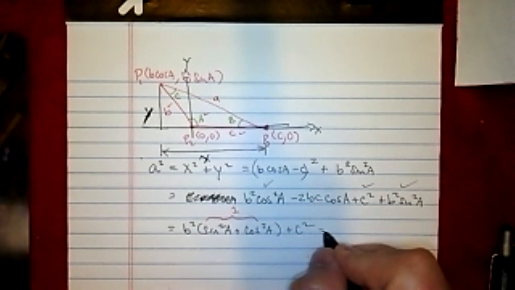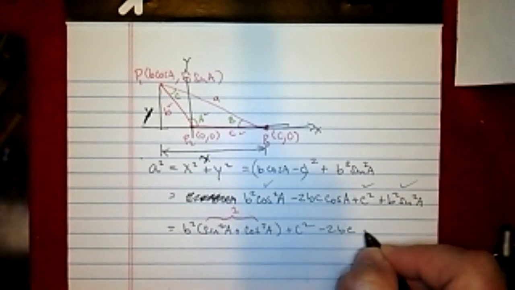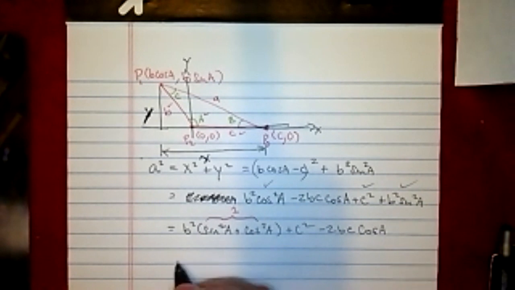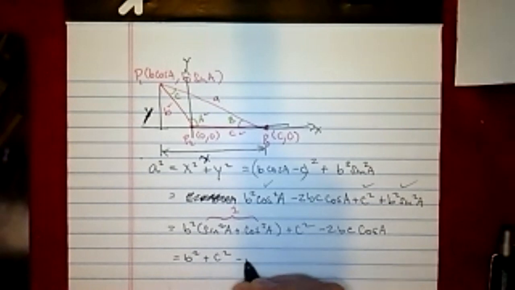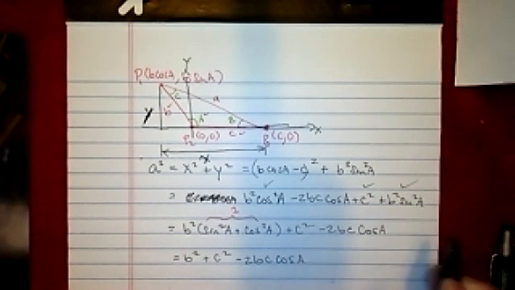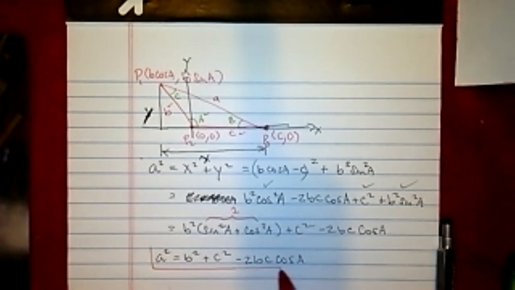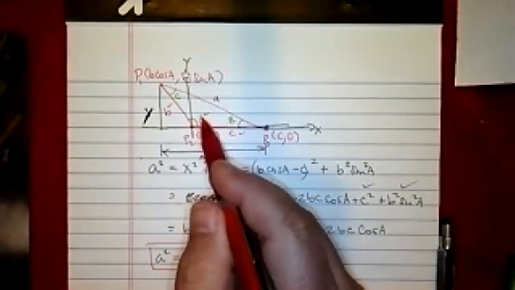And then all I have left is minus 2bc cosine A. So ultimately, my result is a squared is equal to b squared plus c squared minus 2bc cosine of A. So the general rule is the square of a side is equal to the sum of the squares of the other two sides minus 2 times the magnitude of one times the magnitude of the other times the cosine of the included angle.